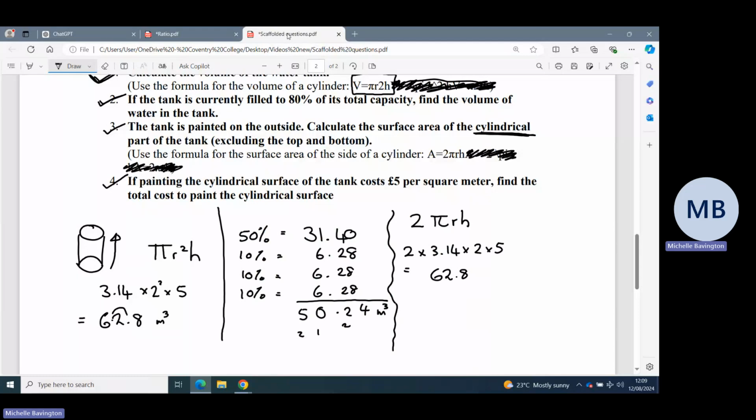If the painting of that costs £5 per square metre, find the total cost to paint the surface. Well, I'm going to times that by 5. 62.8 times by 5 equals £314. So that's it. Nice and easy.